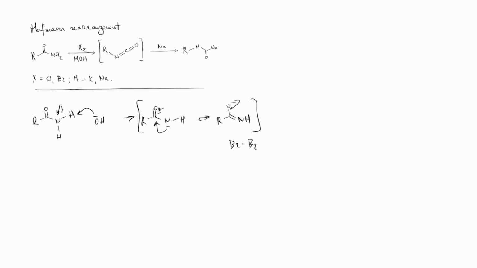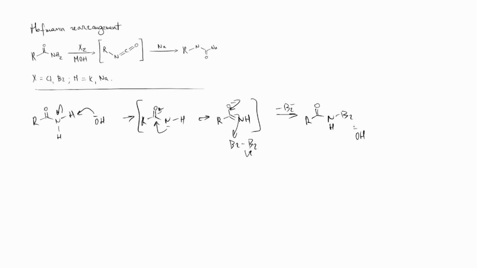Okay, the double bond between oxygen and central carbon gets remade, and a substitution occurs. Bromide is liberated, and we have this monobrominated amide.